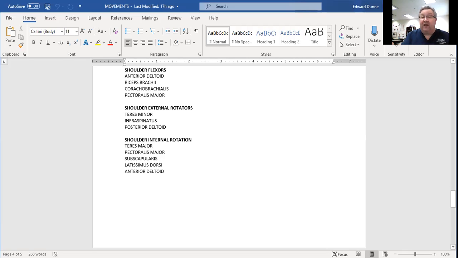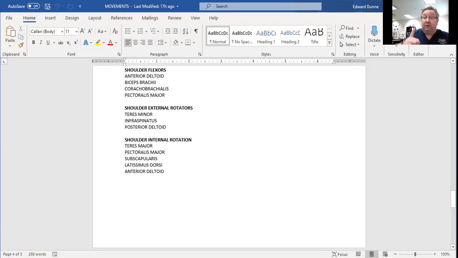For the shoulder flexors, I use ABC plus pec major. The A is the anterior deltoid. The B is the biceps brachii. The C is the coracobrachialis and pectoralis major. Those are the four muscles that perform shoulder flexion.